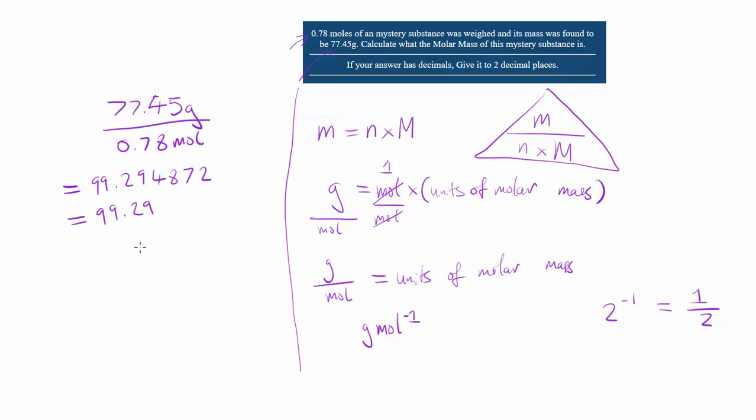However, if you did round the answer earlier on, for example, when you were initially writing it out, you would get a different answer.